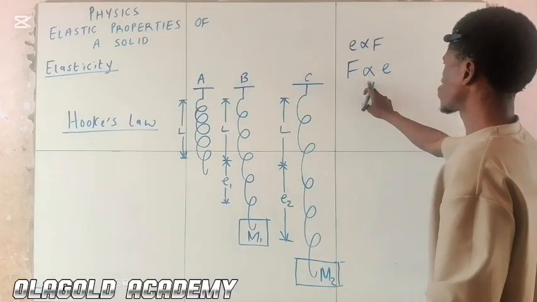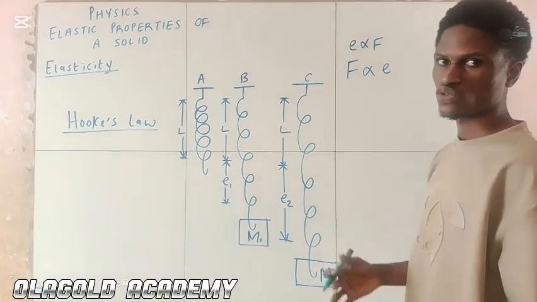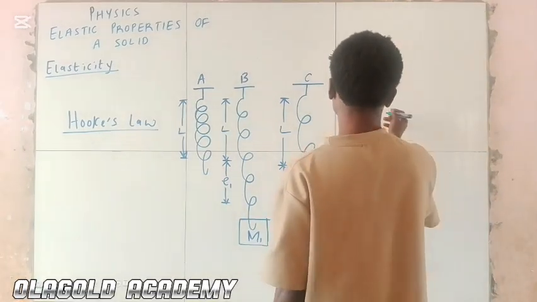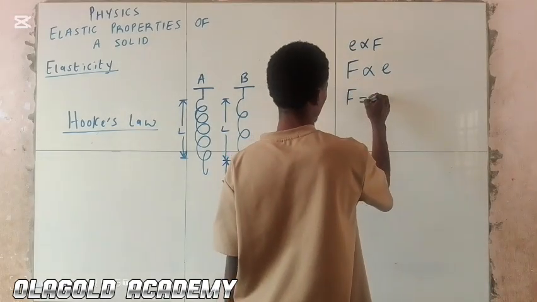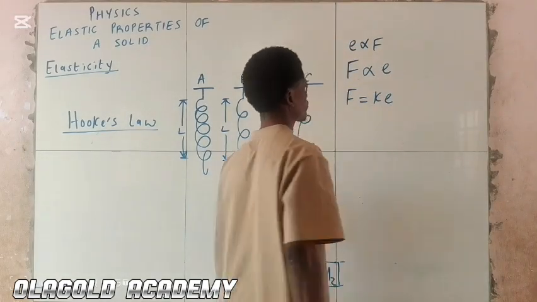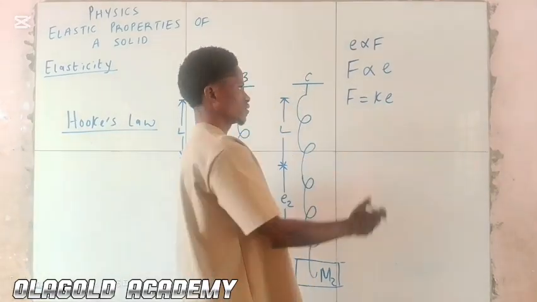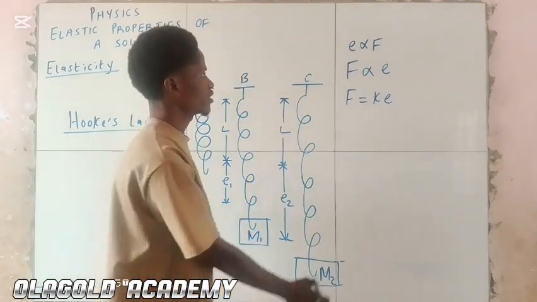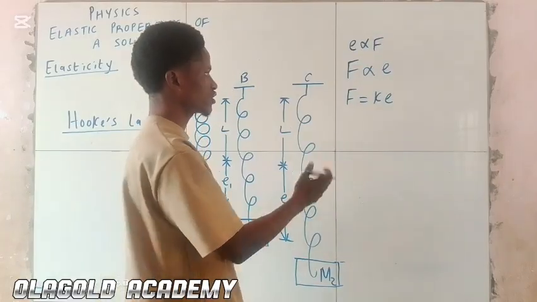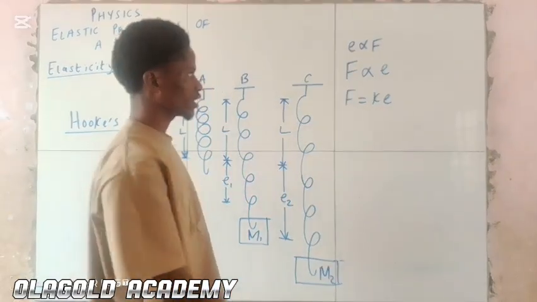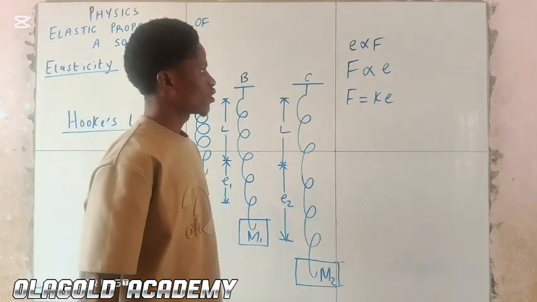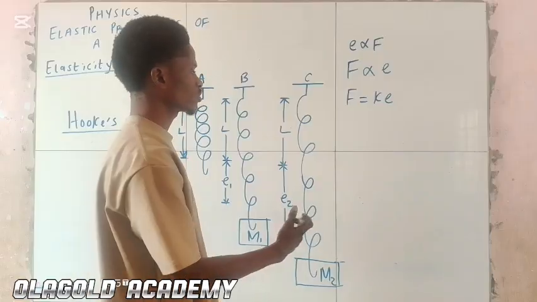To remove the sign of proportion, we need to introduce a constant. So we have F equal to KE, where K can be the stiffness of a spring, the spring constant, or the force constant, depending on how the question appears.